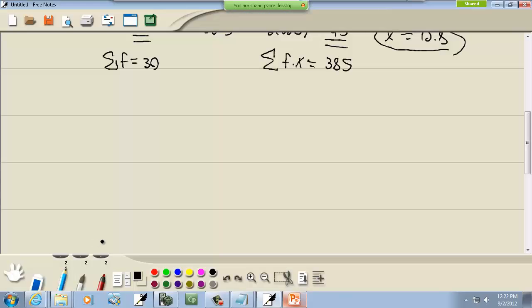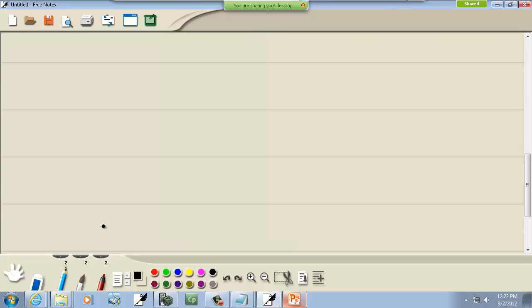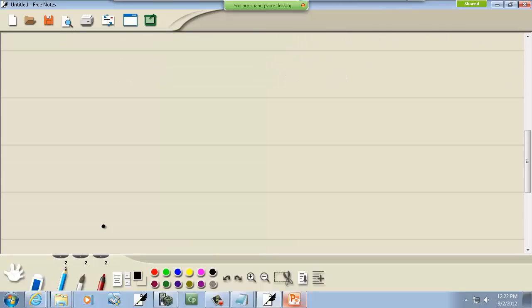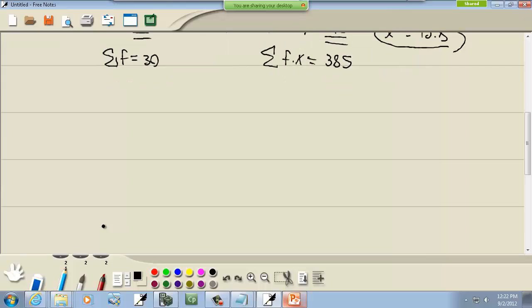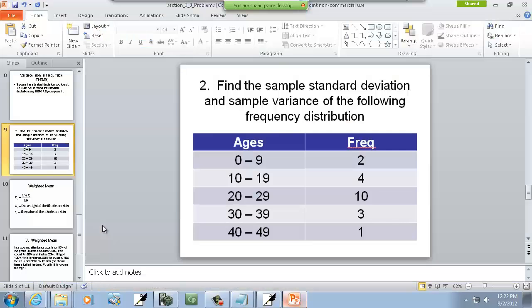And this is not necessarily a simple process by hand. Okay, I'll try to do it here.